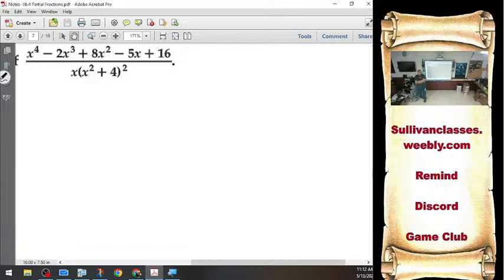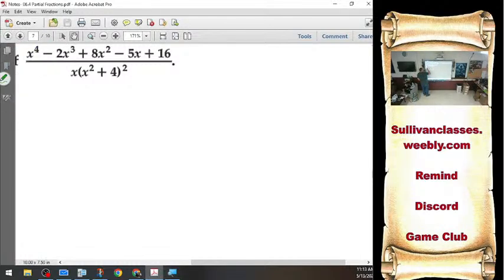First of all, what is the total degree of the denominator? Because I got to make sure if I need to divide. It is x to the 5th because you've got 2 x squareds and then another x. Okay, good. I don't have to divide.